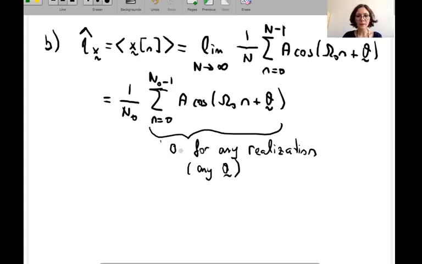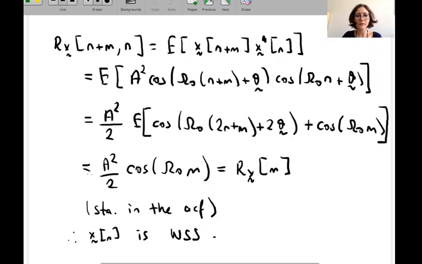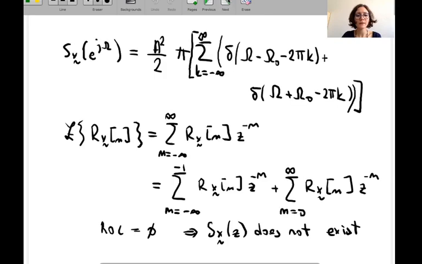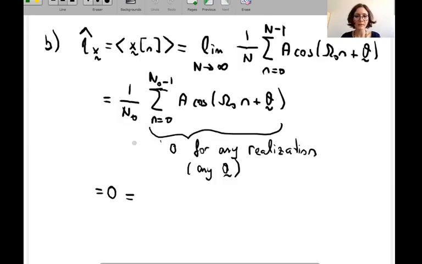Okay, so since this sum is equal to 0, the time average estimate of the mean is found as 0, which is equal to its actual value. The true value of the mean of our random process was 0, so it's equal to its time average estimate.